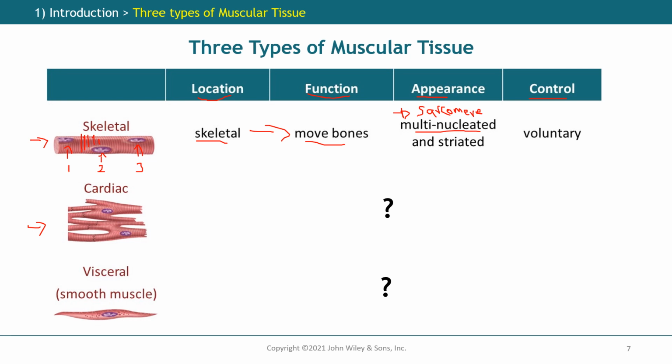And finally, the control: these muscles, you control them. You can say, I want to run faster, I want to lift my arm, I want to stop my arm from moving. So those are voluntary. And this is the opposite from the other two types of muscles, the cardiac and the visceral, because you don't say to your heart, start pumping blood now or stop pumping blood now. You cannot control your heart rate in a conscious way.